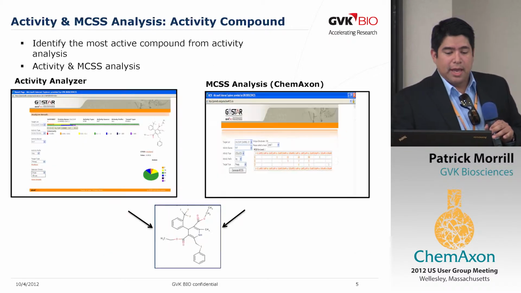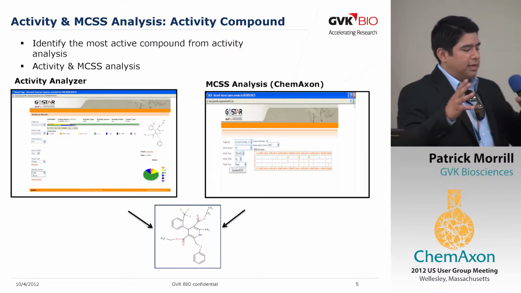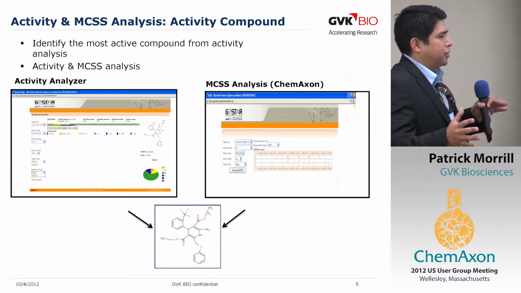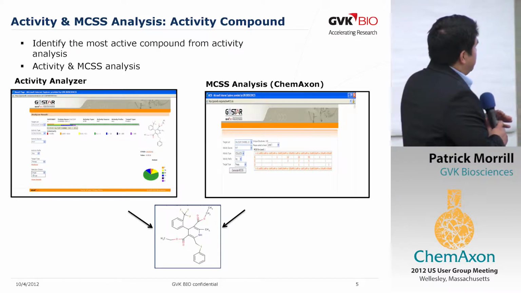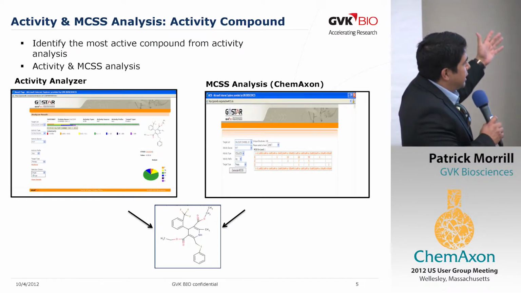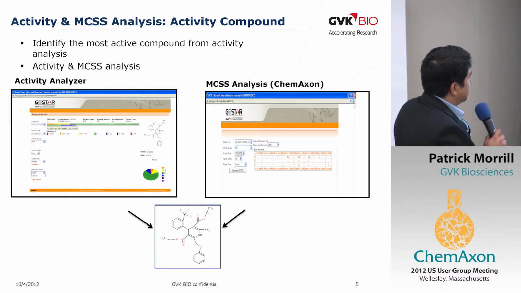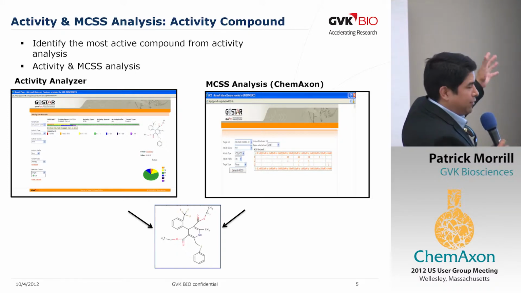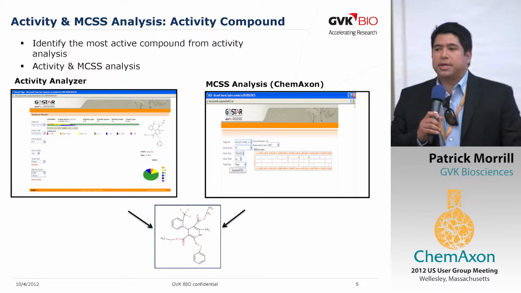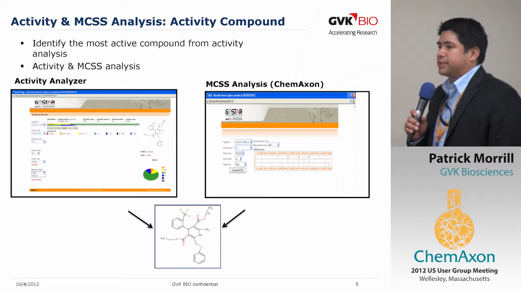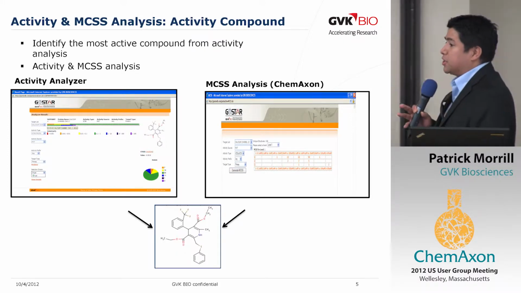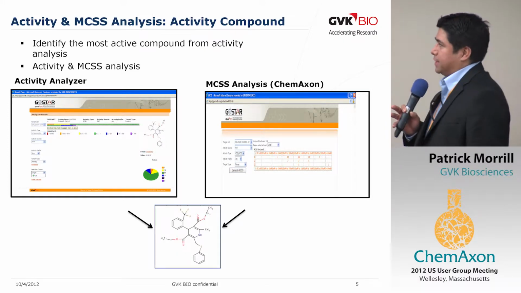I wanted to give you an idea of how we can take this broad search looking at a specific target and utilize the tools built into the GOSTAR database from GVK Bio, in this case our activity analyzer, where I'm taking a look at the IC50 values of all the result sets I've gotten back from my initial, very simple, basic query.